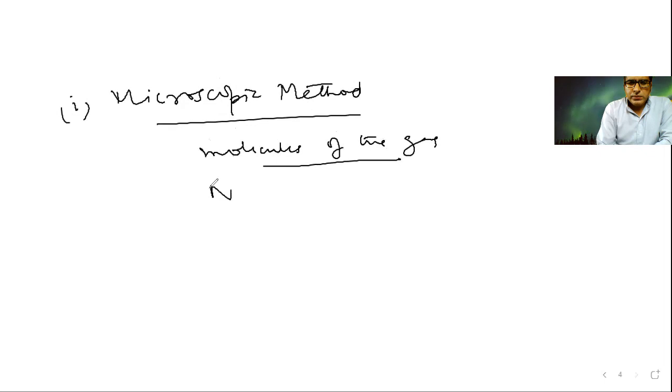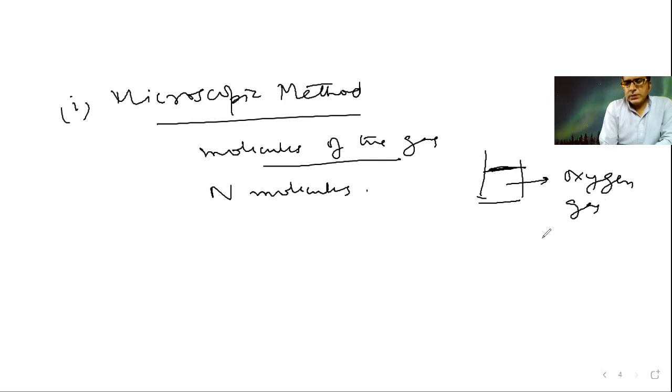If we have n molecules in the gas, for example, this container contains oxygen gas and I have 32 grams of oxygen in it, it is going to contain Na number of molecules.